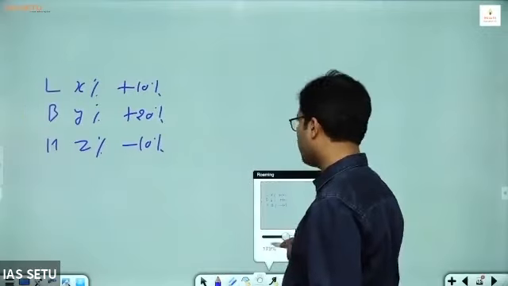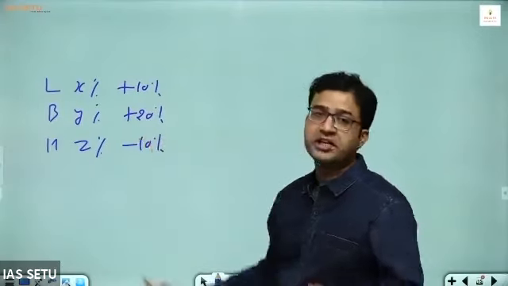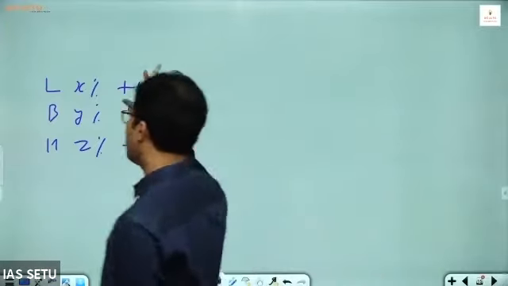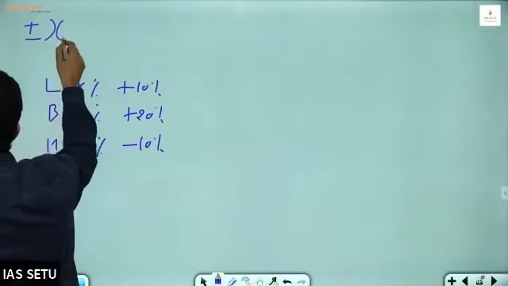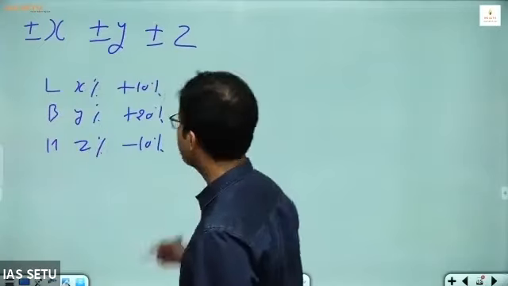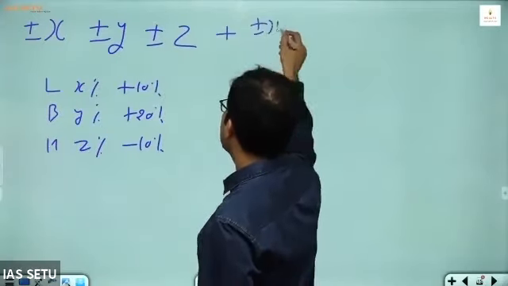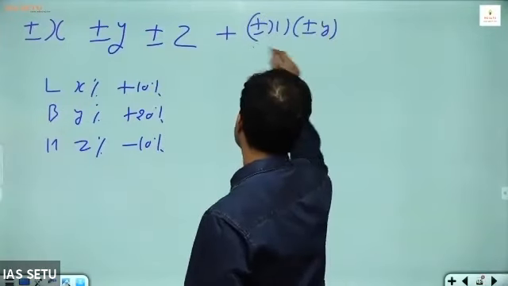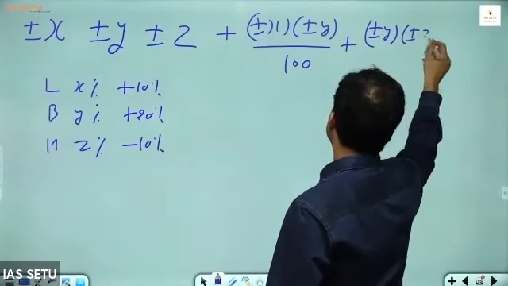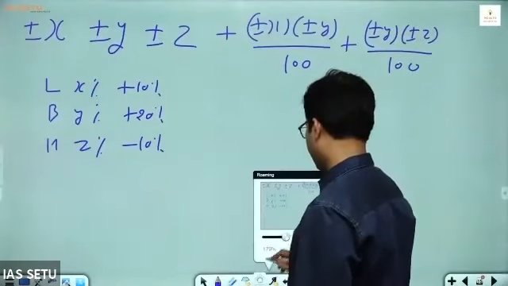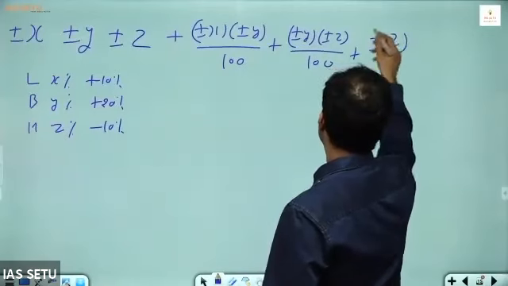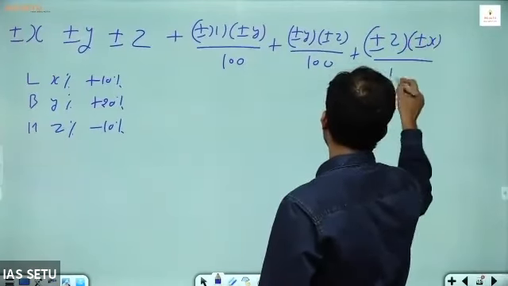I don't like formulas, but still I give you the formula when it is a 3-dimension figure, or when there are 3 changes or 3 effects. What formula do we have here? You write plus minus x plus minus y plus minus z, then plus minus x into plus minus y upon 100, plus minus y into plus minus z upon 100, plus minus z into plus minus x upon 100.